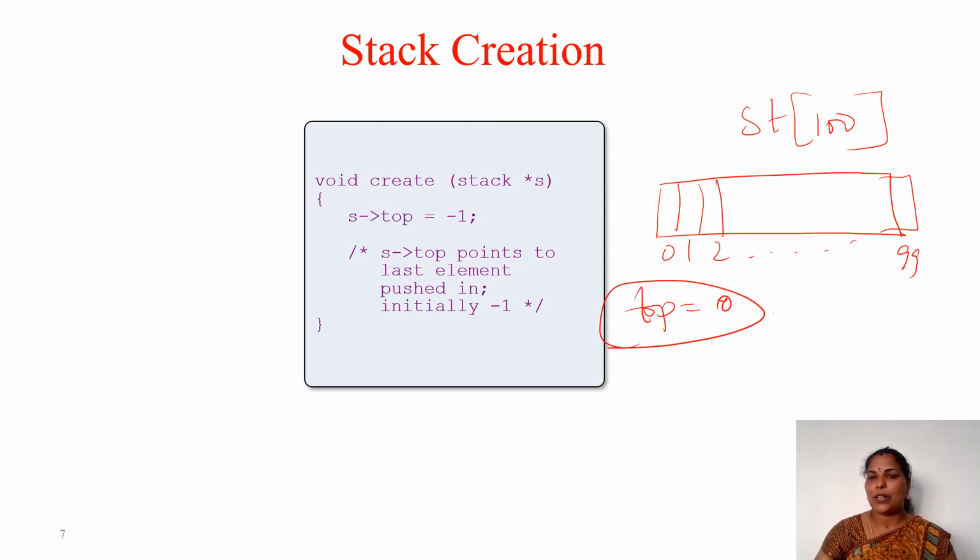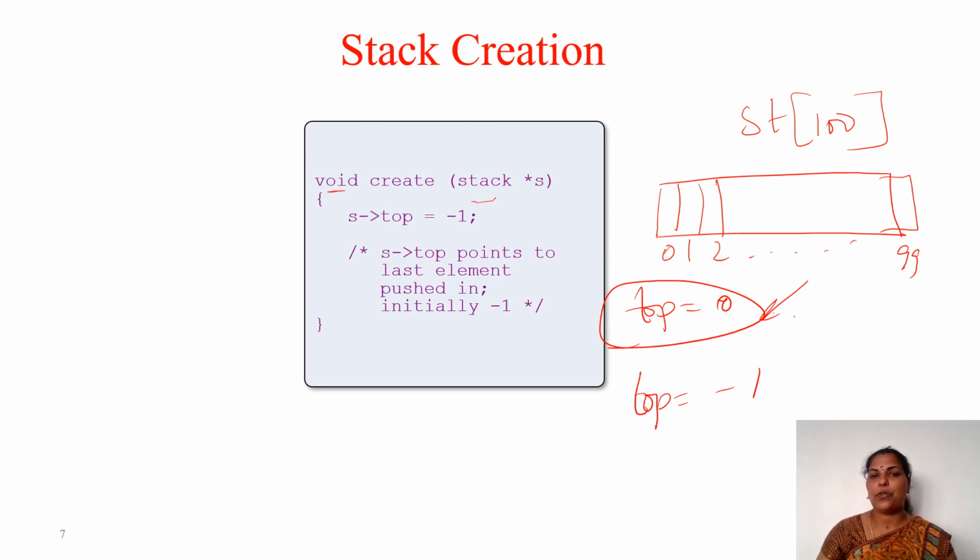In this top equal to 0 only I am going to push some element. So if I want to create an empty stack, what is the position of top? The previous number from 0, so top equals -1. So while creating a stack, we write void create. We know it does not return any value. So void create stack. Stack is a structure. We know that star s is a pointer variable.